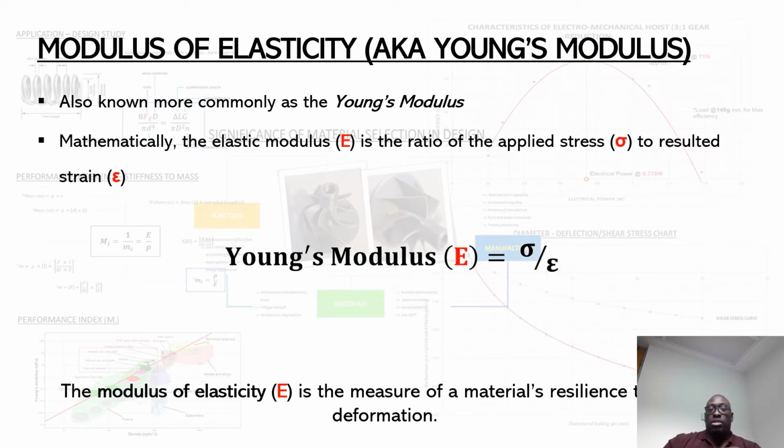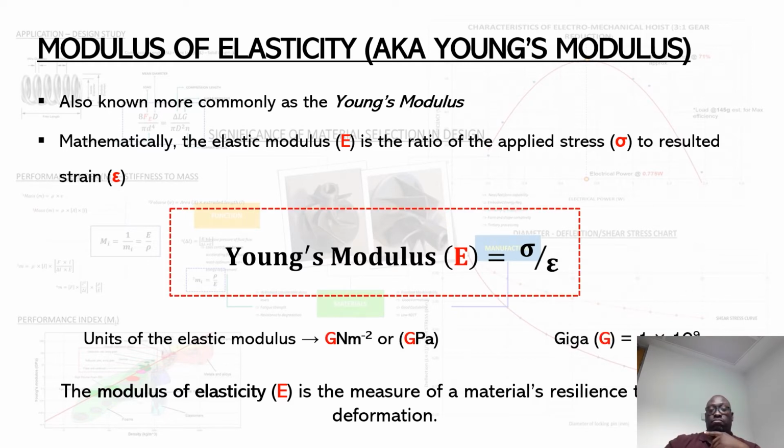Okay. So mathematically, the Young's modulus is equal to the stress divided by strain. And the unit for the elastic modulus is the gigapascal, because it's a very large number. And giga characterizes a billion. So mega is million, giga is a billion. Okay.